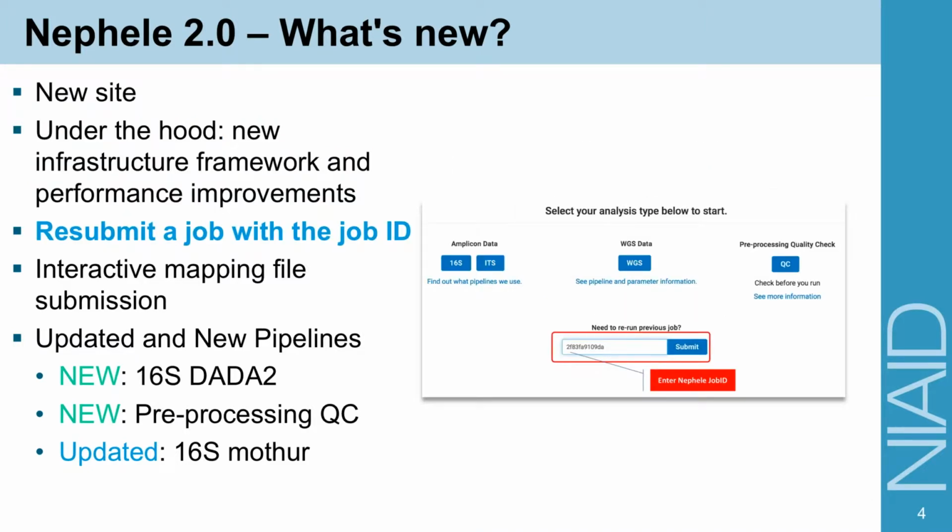We also added some new features to help our users. So one of them is that you can resubmit your job with just the job ID, and you don't need to re-upload your data. You can just put the job ID in, and if you want to change parameters or something, you can.